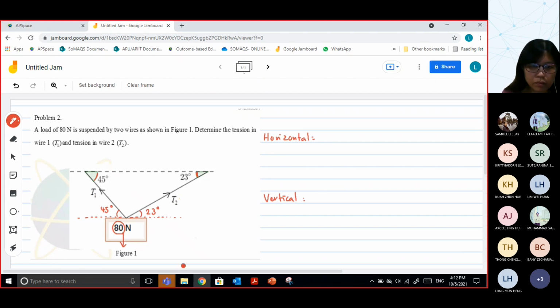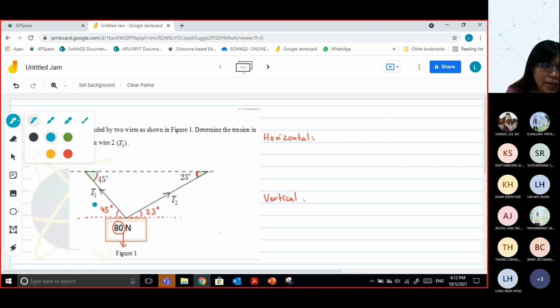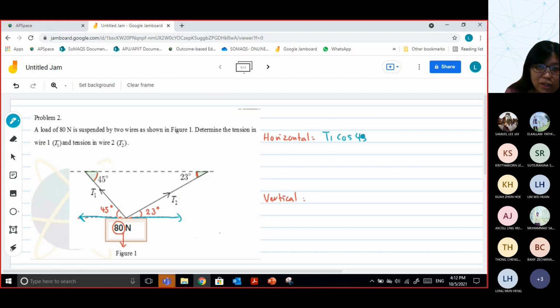Okay, how we actually get the answer. So for the horizontal, for T1, this is a horizontal component. T2 is towards the right hand side. So for T1, it will be T1 cos 45. For horizontal, we always use cos.